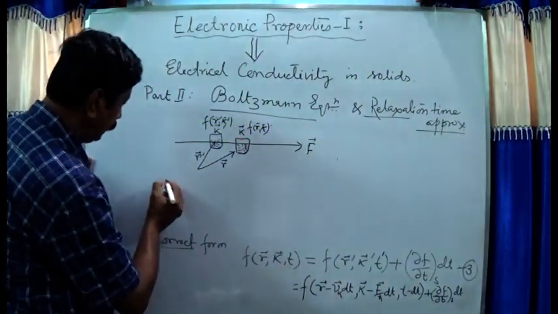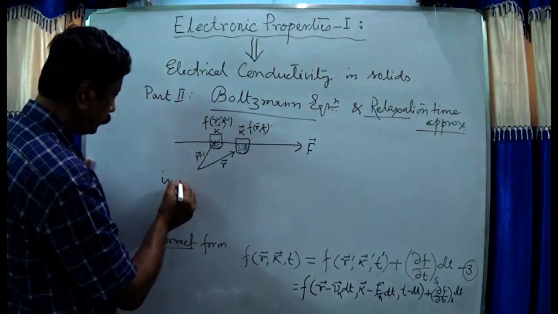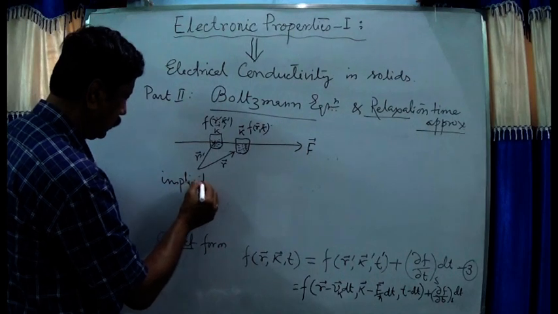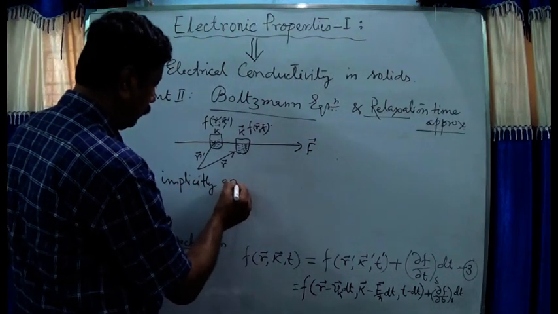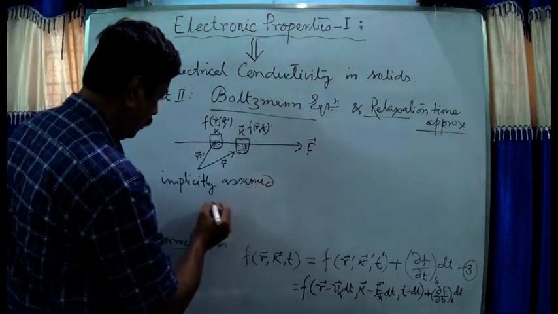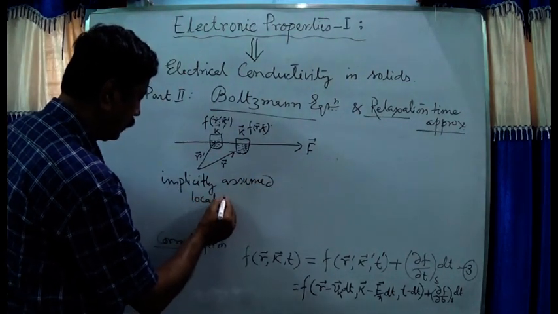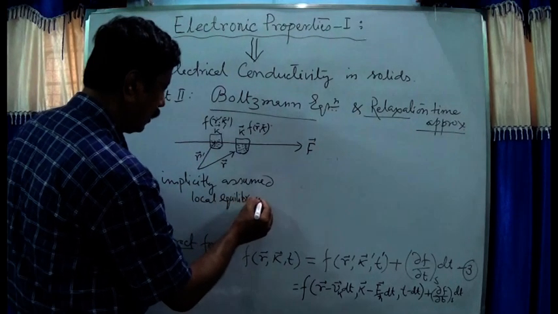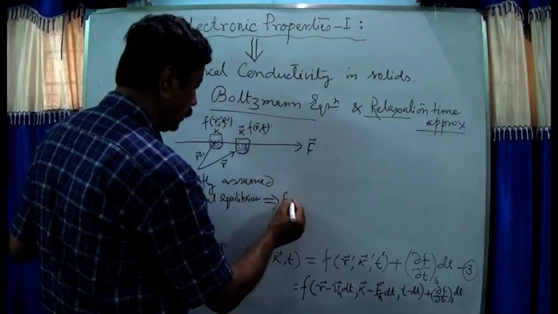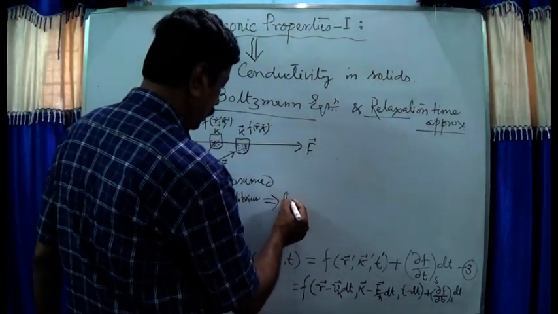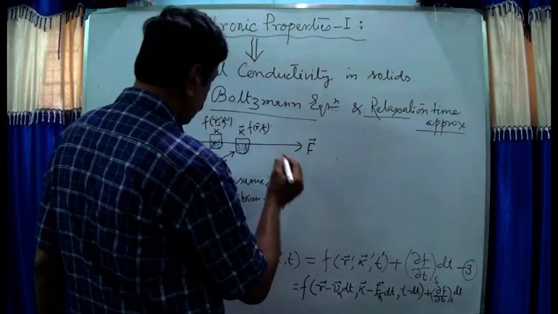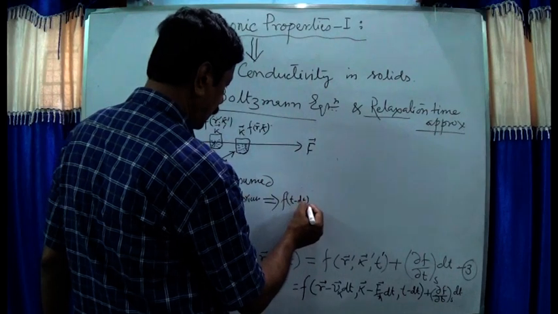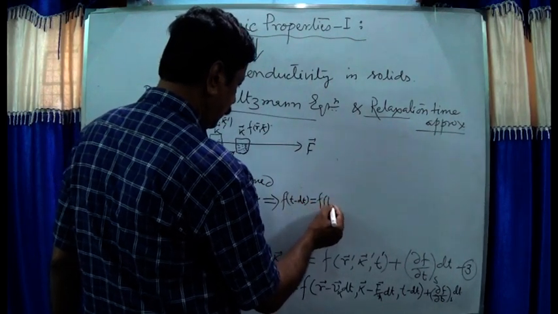So it is called implicitly assumed local equilibrium, which gives us that f at time t minus dt is equal to f at t.